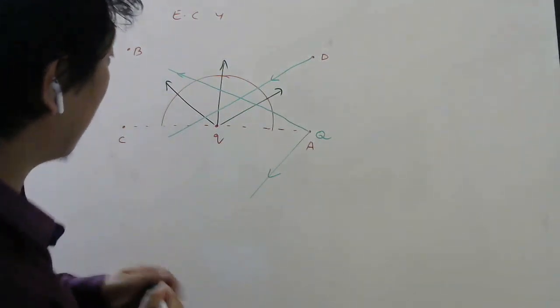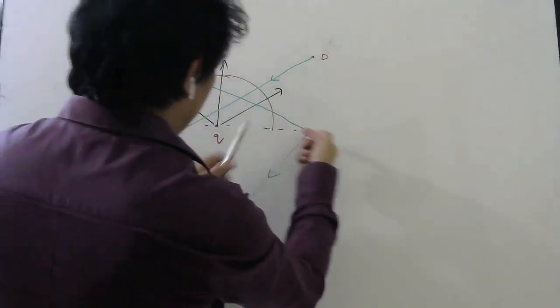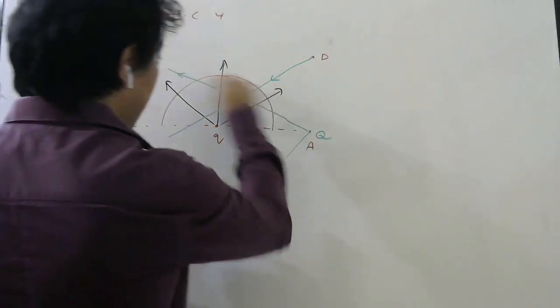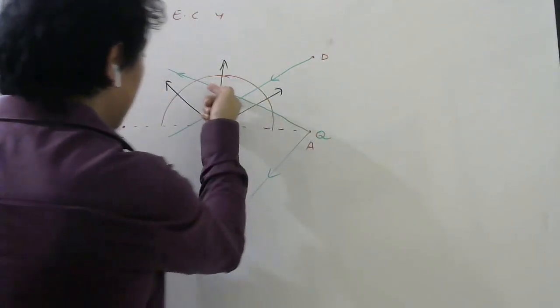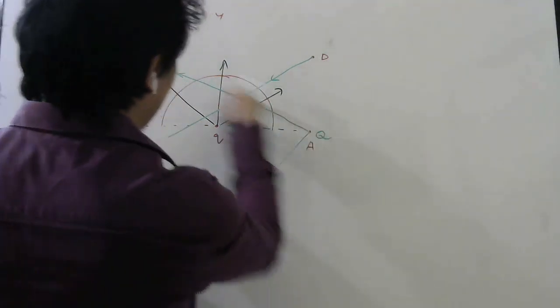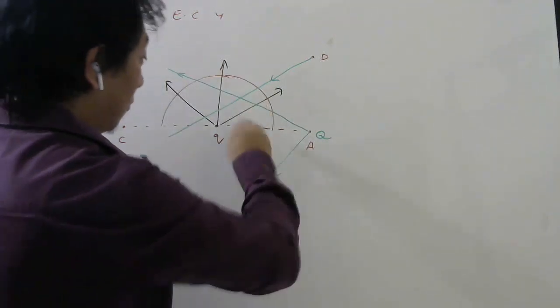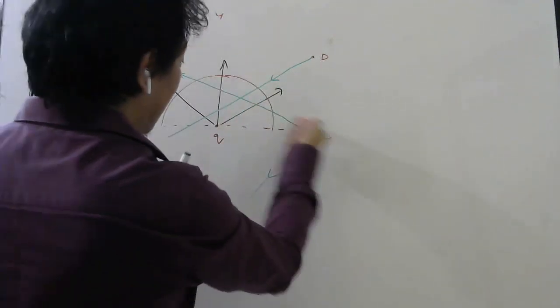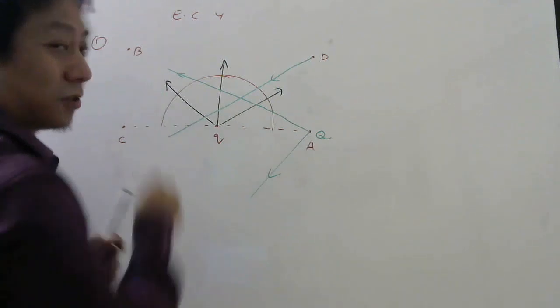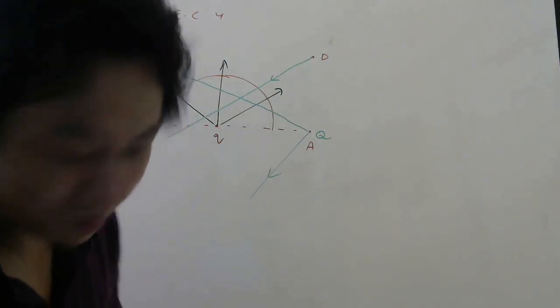So look at this electric field line. This one is first entering the surface and then it is going out of the surface. That means this line will not contribute to the flux for this surface, because it is entering and it is also coming out. I don't know whether you have understood or not.